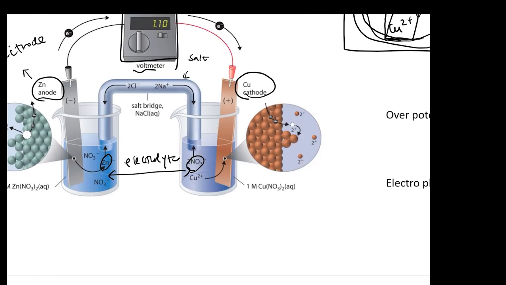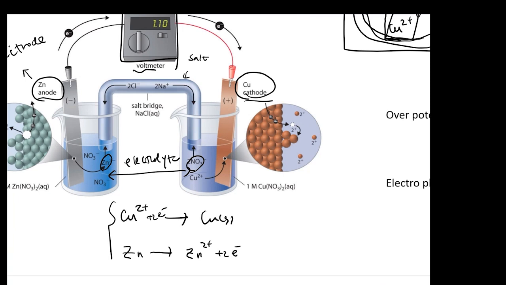Previously, we said copper 2 plus got reduced. You become copper solid, so you gain 2 electrons. And here your zinc lost 2 electrons and became zinc 2 plus. So this is the galvanic cell. We know the E naught cell is positive 1.1 volt.